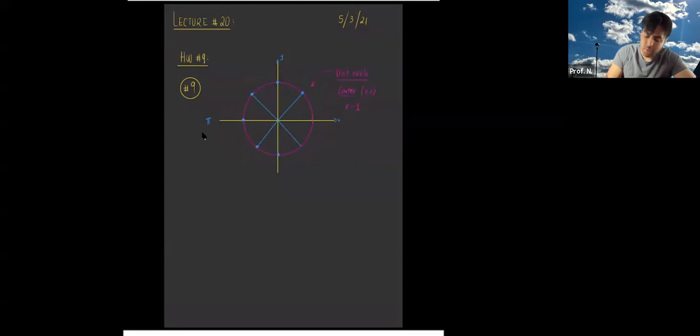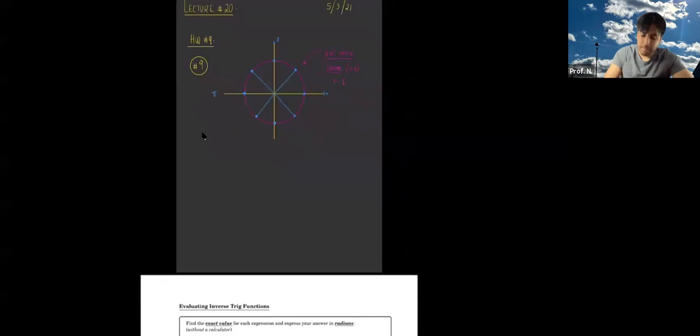And this is the way it's drawn. And so they have this table here. T represents, in this case, the angle, okay? And then they want to know the terminal point.